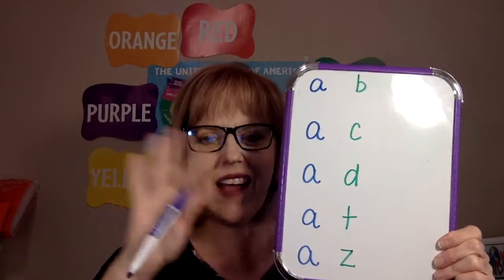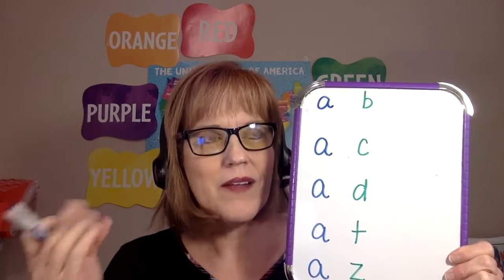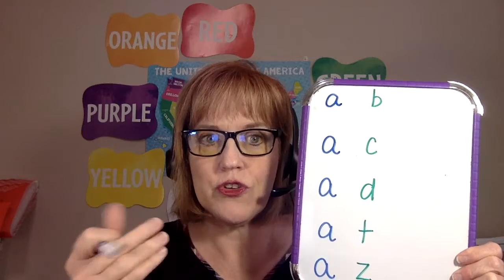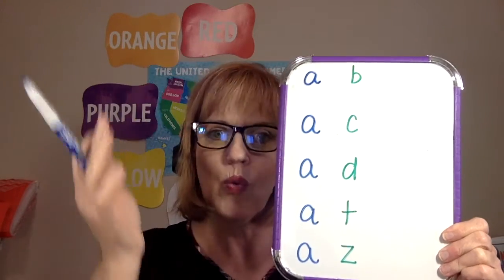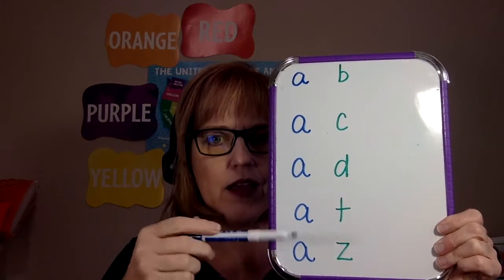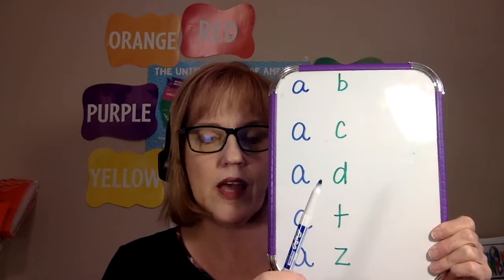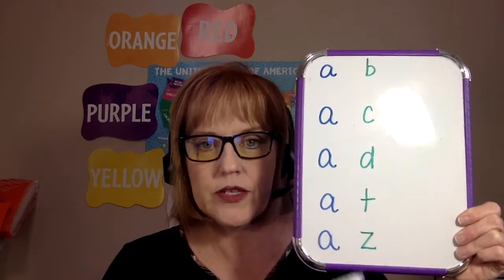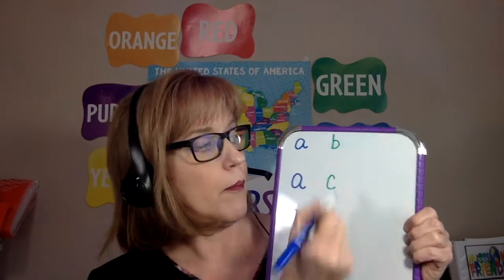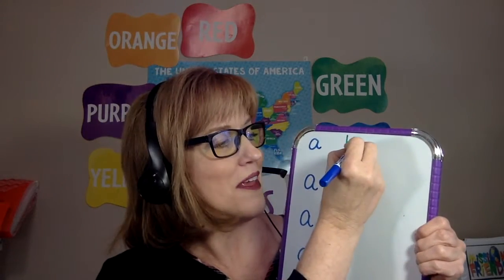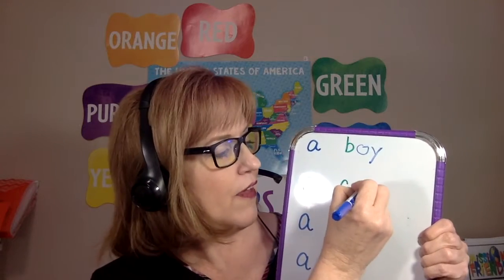Then I continue this with my upper level students to remind them that we use "a" with words that begin with consonants. Now, depending on the level, I may use the word consonant, but for most of my initial students, maybe the first time that I've met them, I'll just give them examples of we use the word "a" in front of words that have B, C, D, F, G, T, Z. And then again we'll think of words that begin with B, and most of them think of boy, and then C, they think of cat.